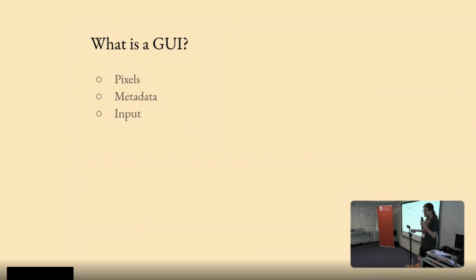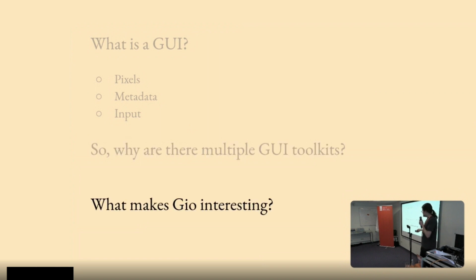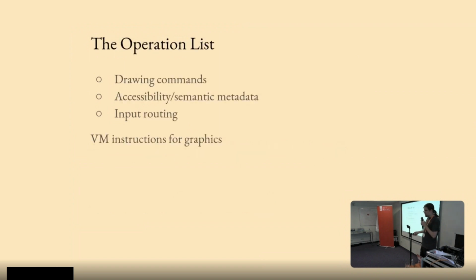And so every toolkit has to do something to address these three things. And there's a lot of toolkits because there's quite a few strategies that you can employ to build these structures and interweave them.